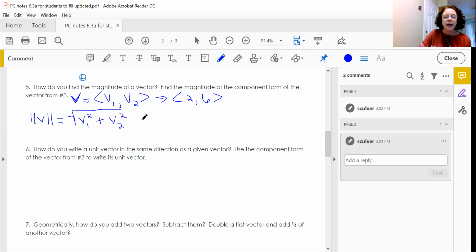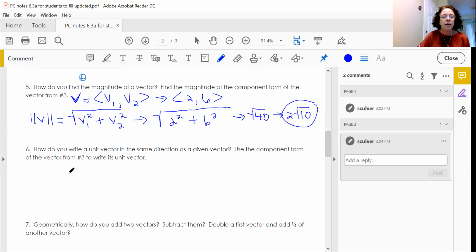It's really that easy. So our vector is the square root of 2 squared plus 6 squared, which is the square root of 40, which is 2 square roots of 10. Nice and easy.